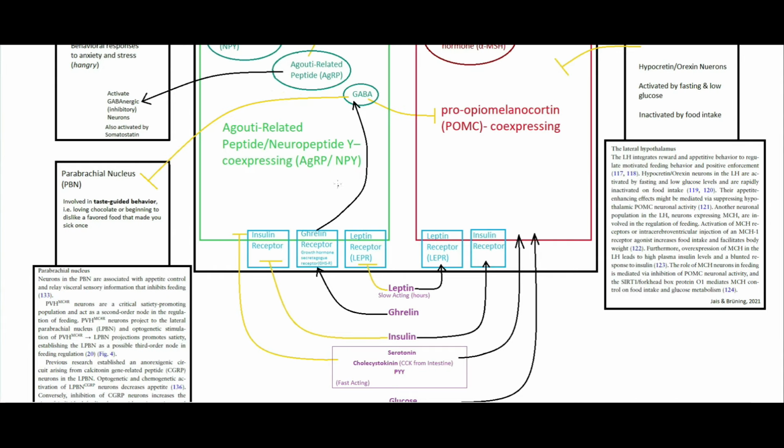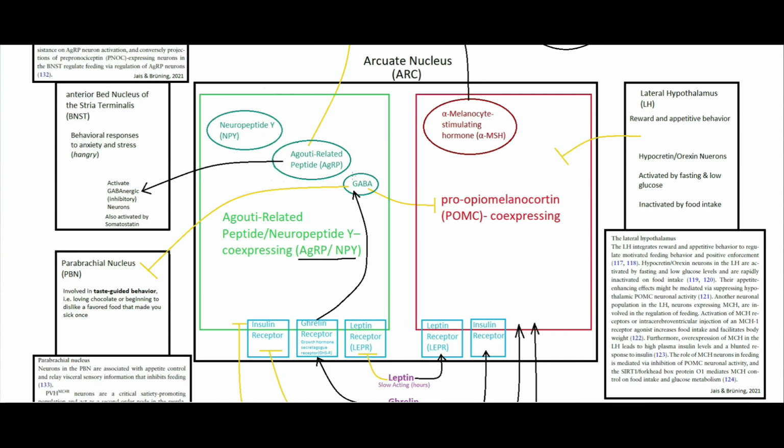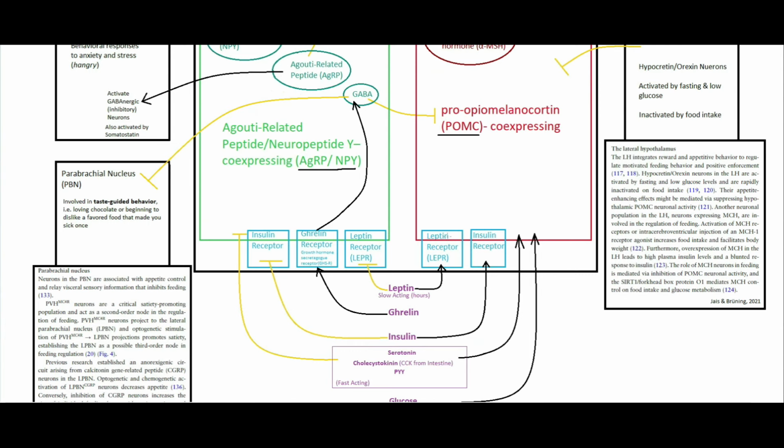Over here I have the AGRP NPY neurons, which are the hunger neurons, and in my mind, I made them green because it's like saying go eat, where the POMC, or pro-opiomelanocortin co-expressing neurons, I put red, like stop eating. So that was my logic there.